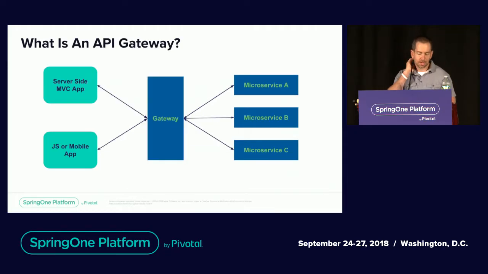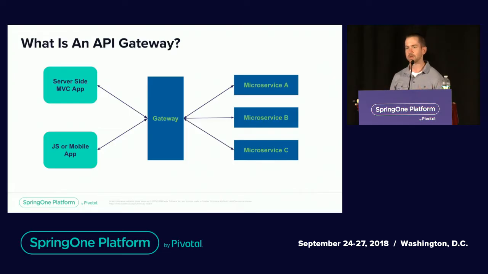But when we introduce a gateway, we can see that this picture becomes a lot cleaner, right? All of a sudden, a lot of those arrows go away, and we introduce this abstraction layer between our clients and our microservices. So this has a lot of benefits, right? And a lot of them we're going to talk about, but the main benefit here, as you can see, is things are a lot less fragile, right?